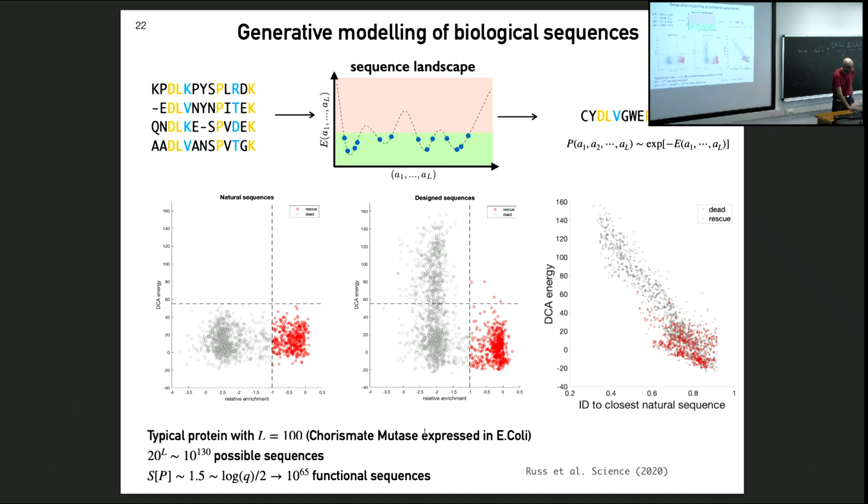So if the chorismate mutase works, but now works is not just folding into a given structure, it means it folds, it can interact with the other partners that are needed in this pathway, and so on and so forth, then the bacteria will survive. So what you have here on the x-axis is the enrichment.